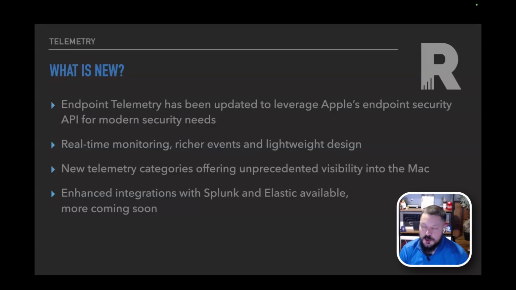It's really, really good. If your security team is interested in it, that's what you want to show them. You want to show them the telemetry event categories. When you go into the link that requires you to sign in with your Jamf ID to access, you can actually get more information on these event categories, and that's exactly what your security team is going to want to see.